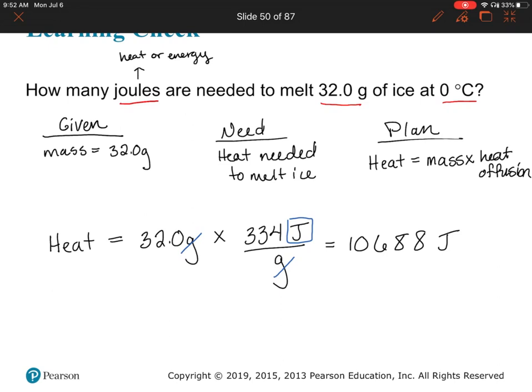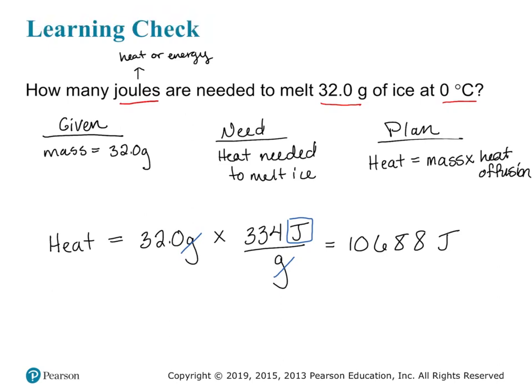How many sig figs does 32.0 have? 3. Remember that 0 at the end is after a non-zero digit and a decimal, so there's 3 sig figs. What about 334? How many sig figs does that have? 3.